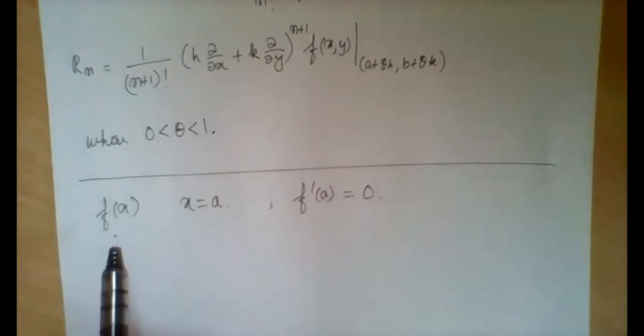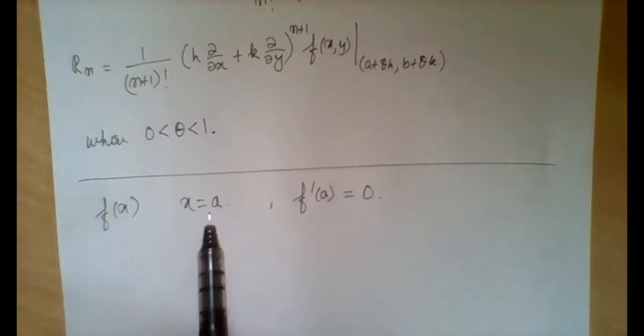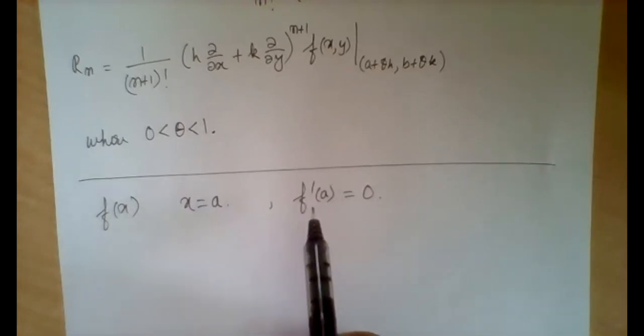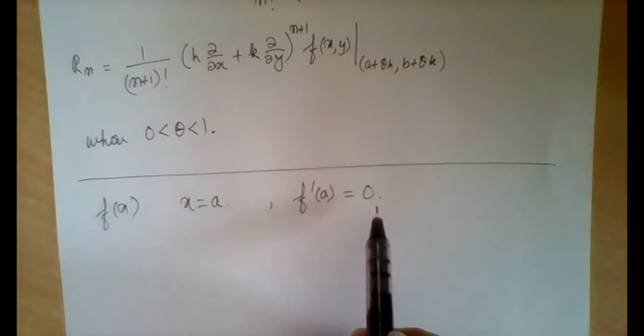If the function f(x) has an extremum value at x equal to a, it can be either maximum or minimum, the first order derivative of the function calculated at the point a should be 0. This was a necessary condition.